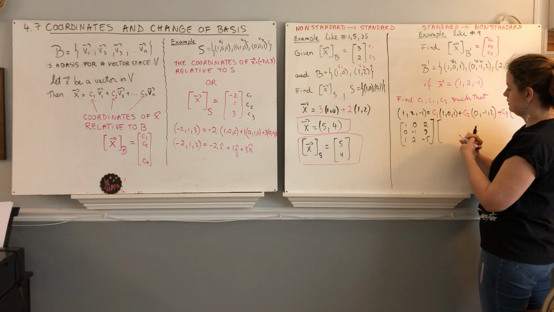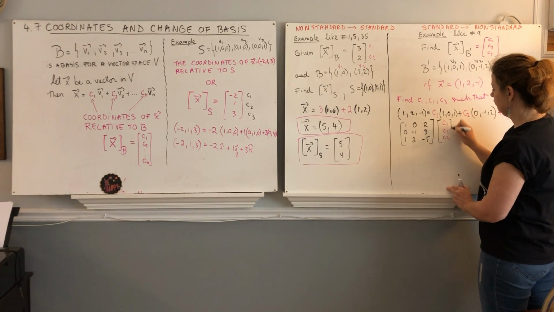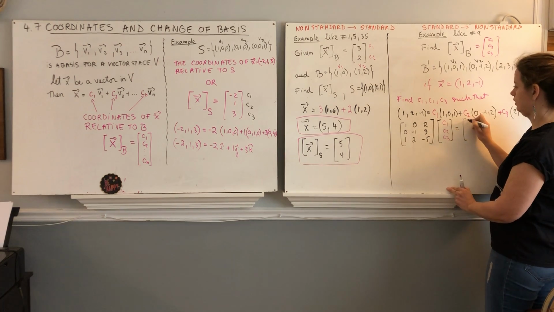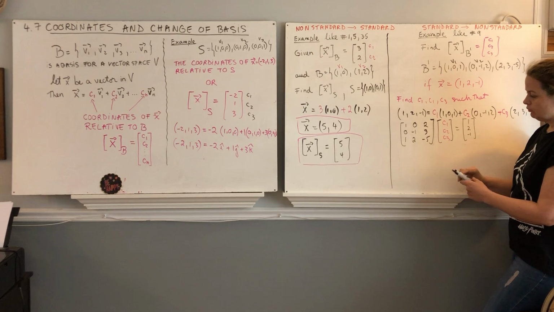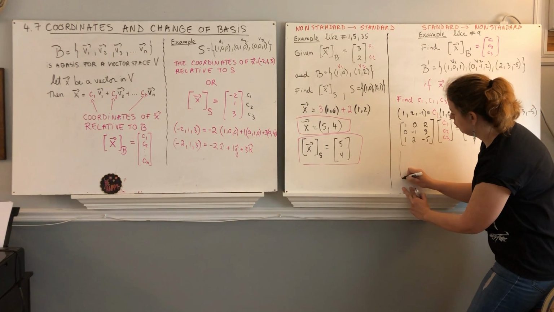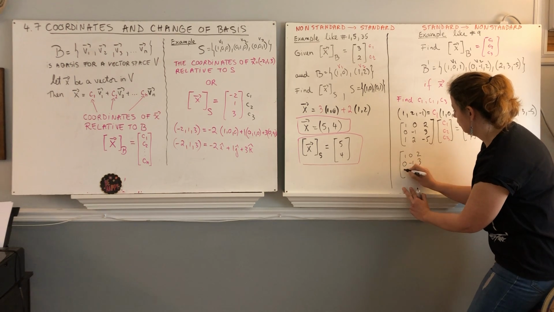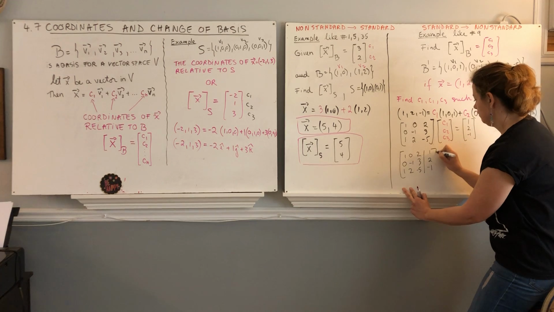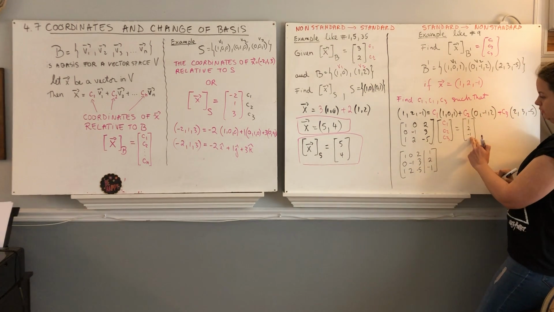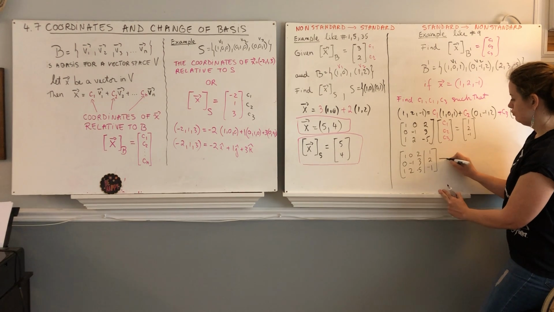Then you want to multiply this by C1, C2, C3, and you want to end up with 1, 2, negative 1, right? So one way to do this is you're going to augment this with the b vector, so to speak, and you are going to row reduce this.